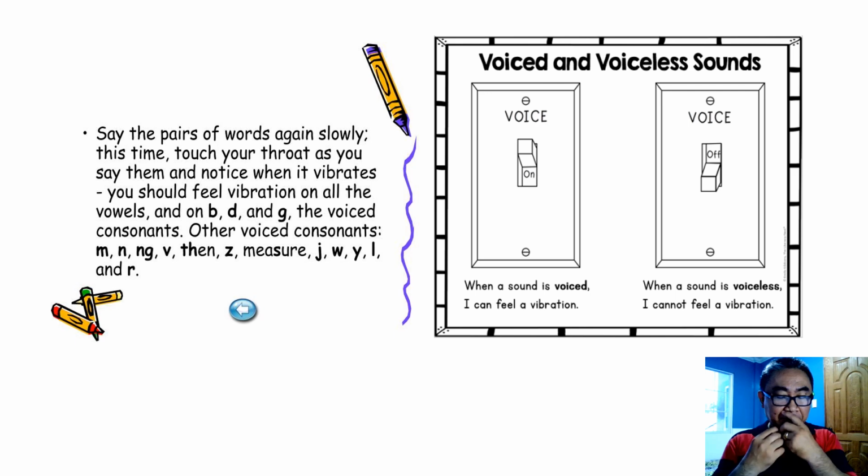So, places of articulation means, when we produce sound, sometimes our tongue touches our lips. Sometimes only our lips come together and make a sound. Sometimes our tongue touches our soft palate and back part, the alveolar.